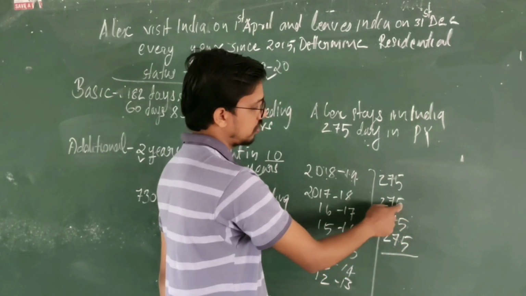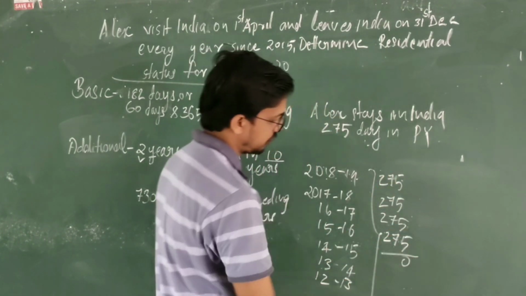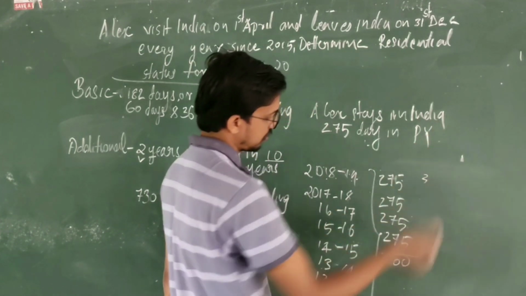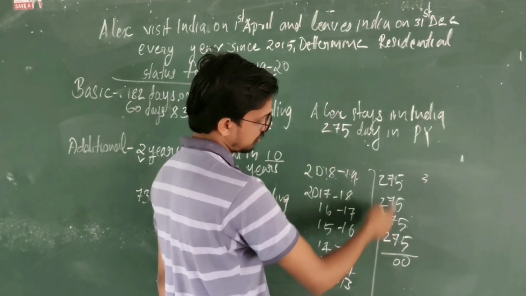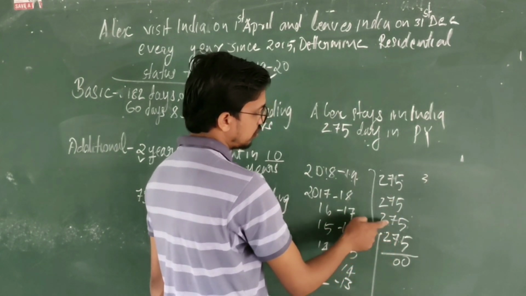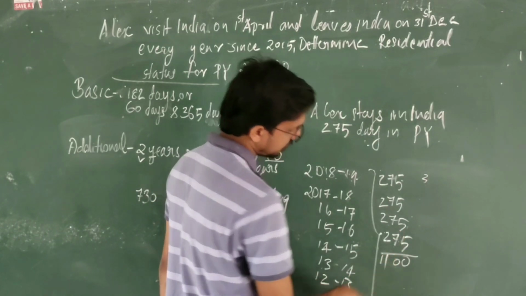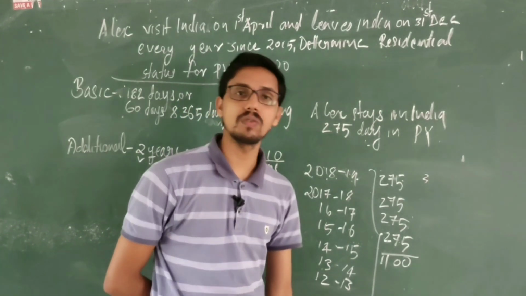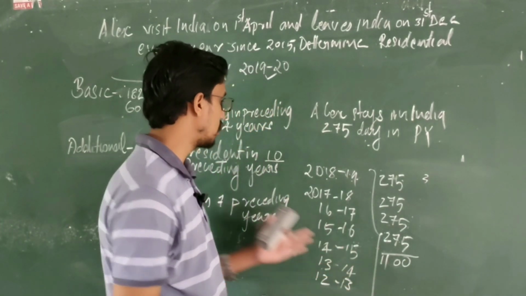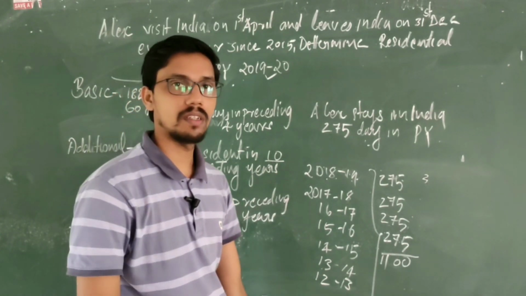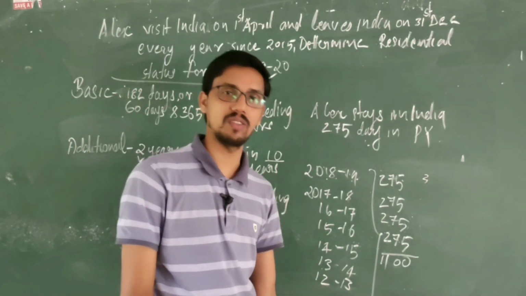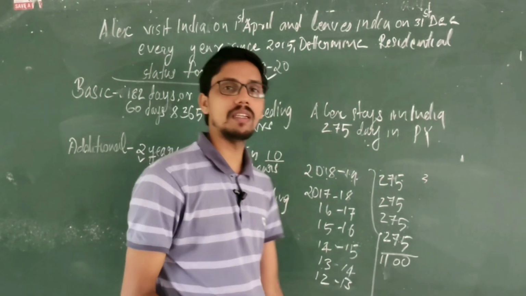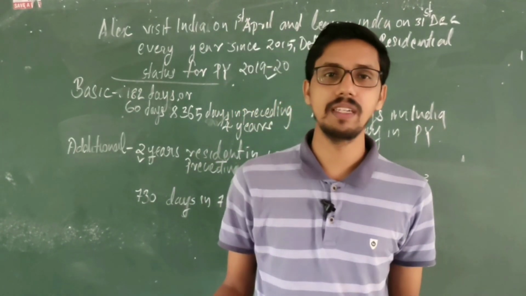Let's check. He stays in India for more than 1100 days, which is more than 730 days. So he satisfies the second condition also. He stays in India for 730 days during the 7 preceding years.